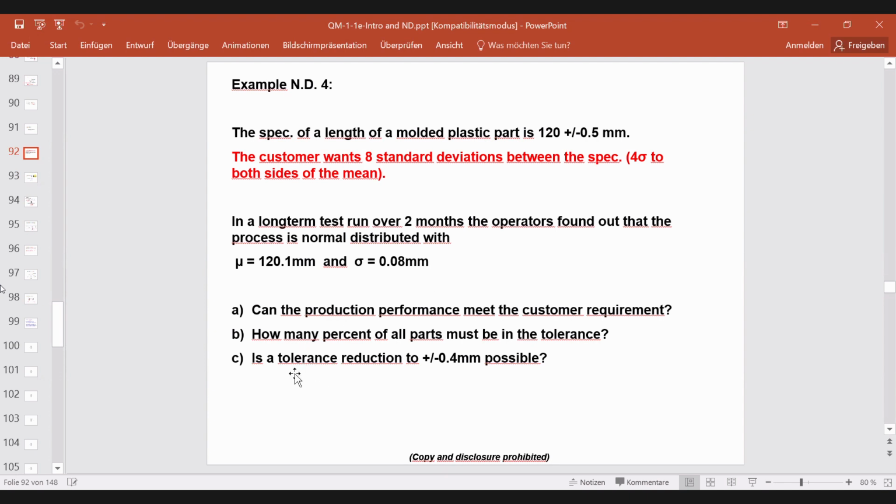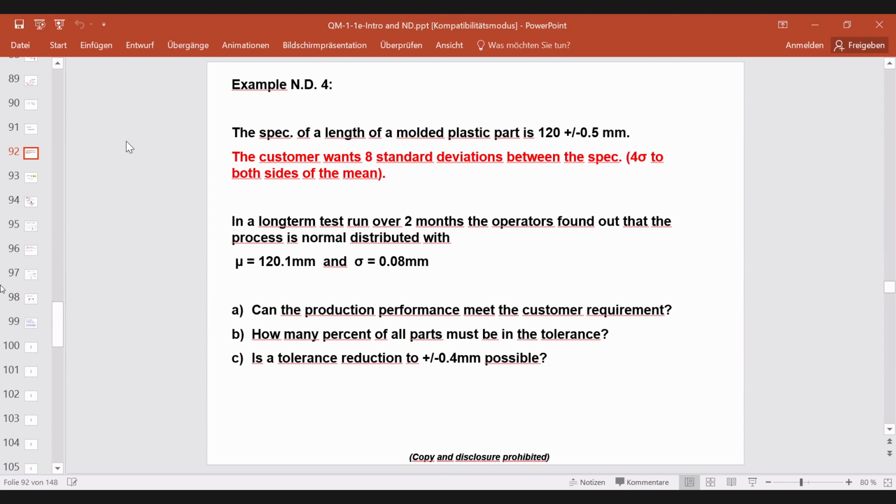So 3 questions. Can the production performance meet the customer requirement? How many percent of all the parts must be in the tolerance? Is a tolerance reduction possible? 120 plus minus 0.4 millimeter.